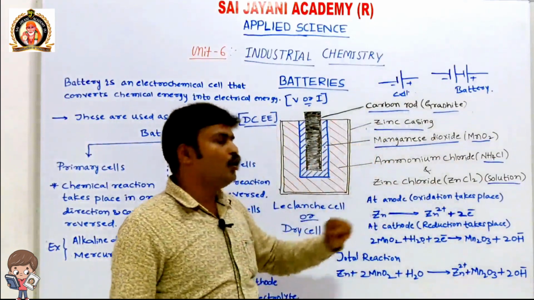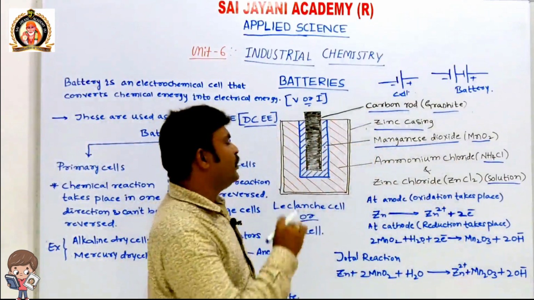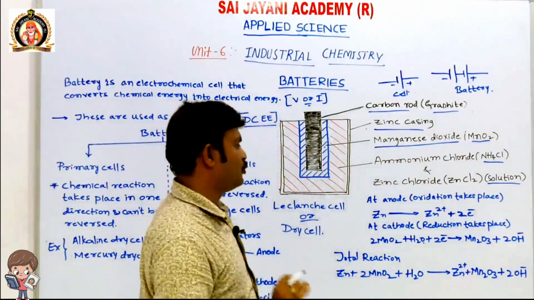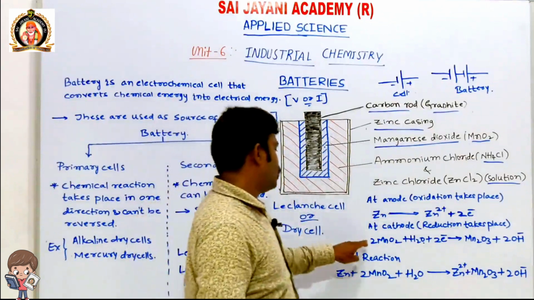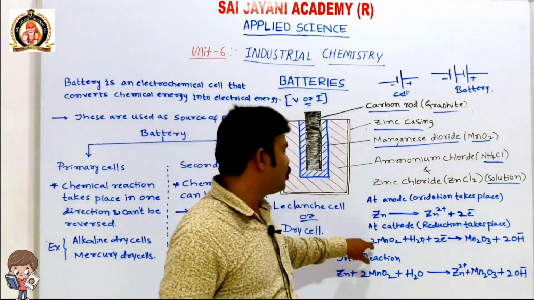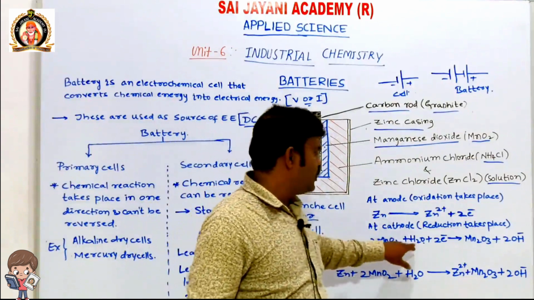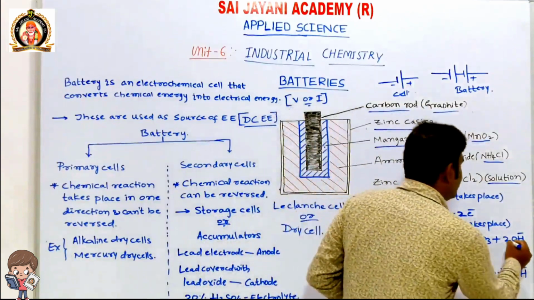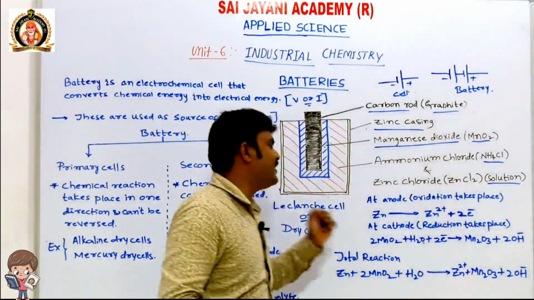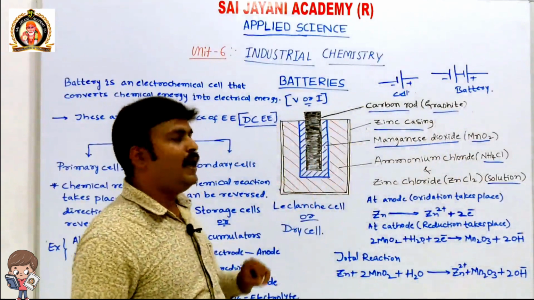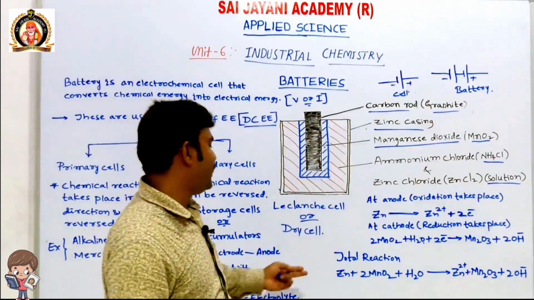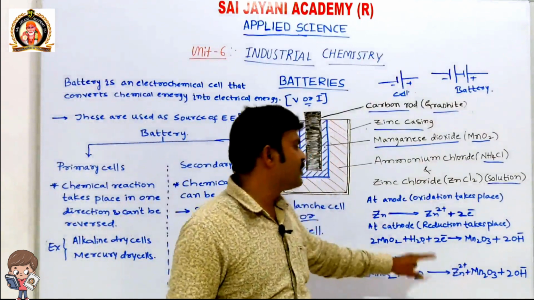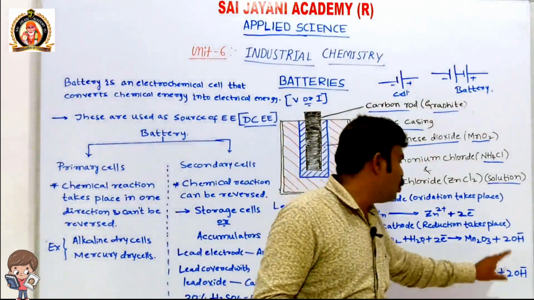Next, at the cathode, reduction takes place. Okay? Reduction means taking up of electrons. So that is called reduction. So here, see the equation: 2MnO2 plus H2O plus 2 electrons gives rise to Mn2O3 plus 2OH-. So this happens at the cathode, and the total reaction can be given as Zn plus 2MnO2 plus H2O gives rise to Zn2+ plus Mn2O3 plus 2OH-.